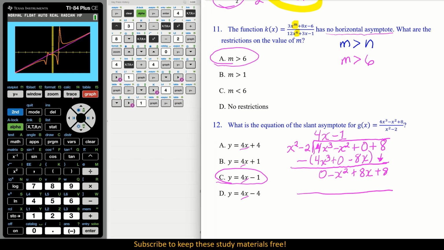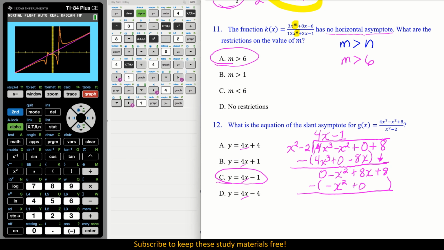Okay. And let's just kind of look at that remainder we're going to get. So we have -1, so that will be negative x squared, and that will be, oops, we don't have an x to the first.